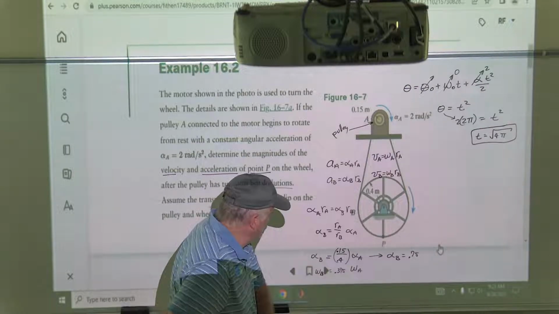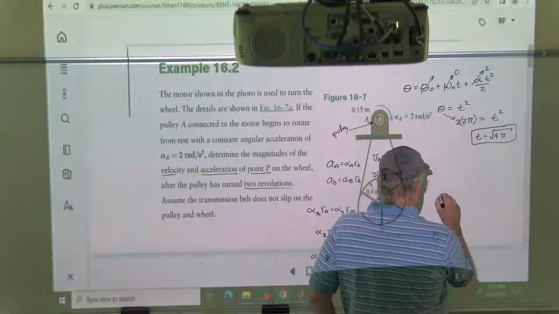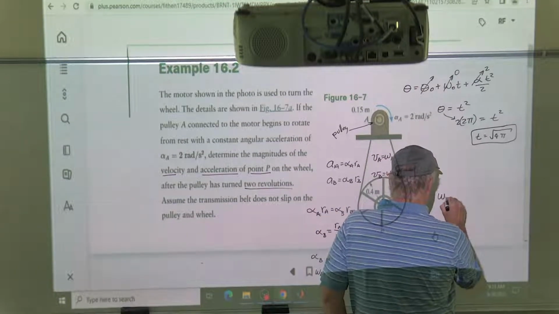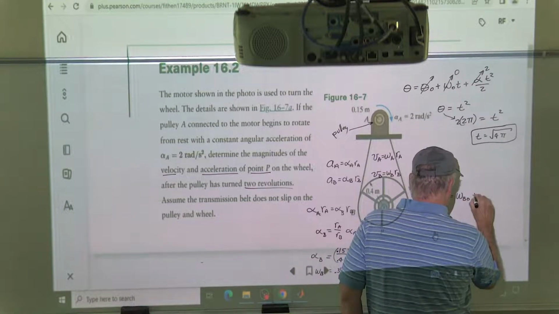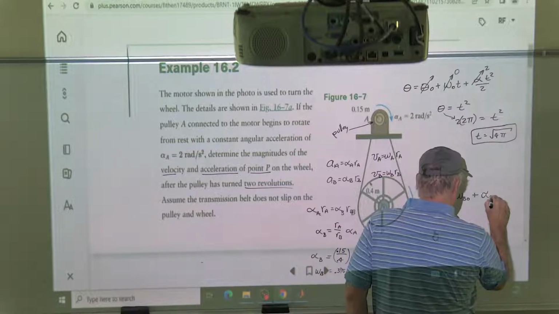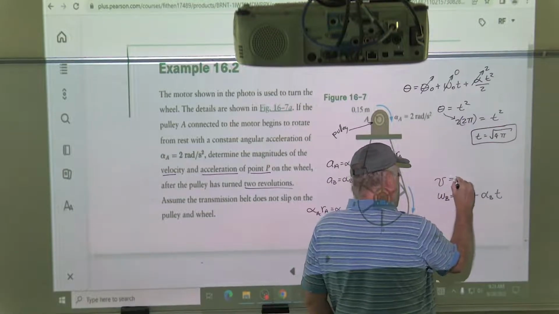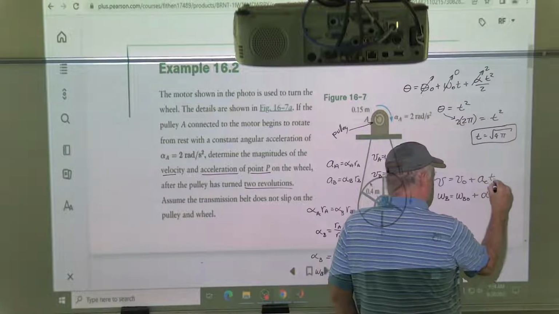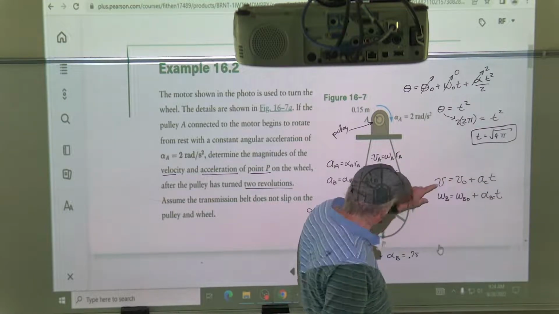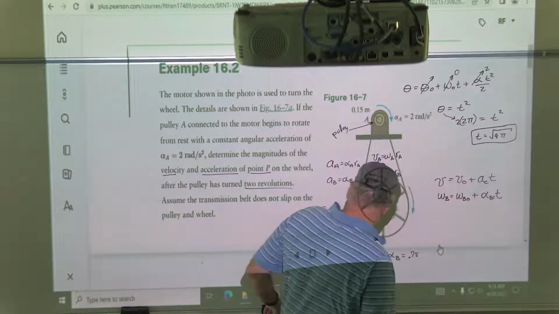Now, since it's constant, I can say omega b is equal to omega b initial plus alpha b times time. The same thing that occurred, v is equal to v naught plus acceleration constant t. So I'm mimicking that equation we had before.